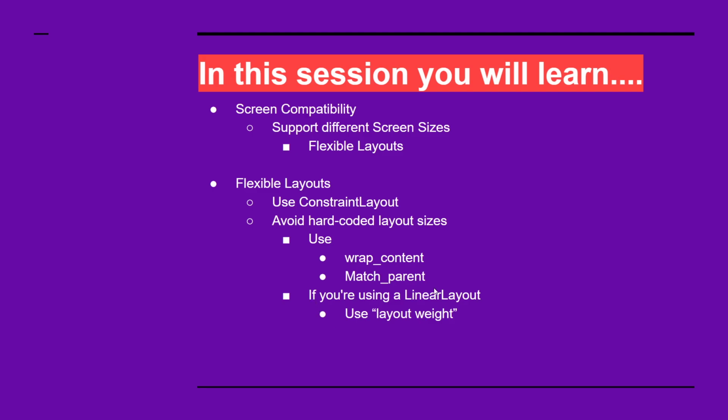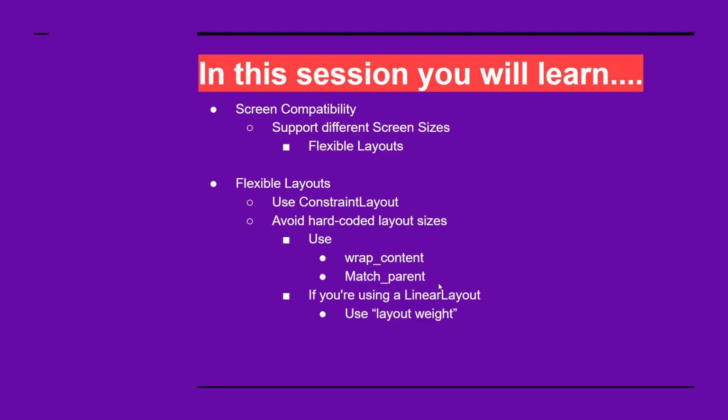If we are using linear layout instead of constraint layout, then there's a property called layout weight that you can specify rather than hard coding the sizes. However, keep in mind it's recommended to use constraint layout over linear layout, so always try to use constraint layout first.